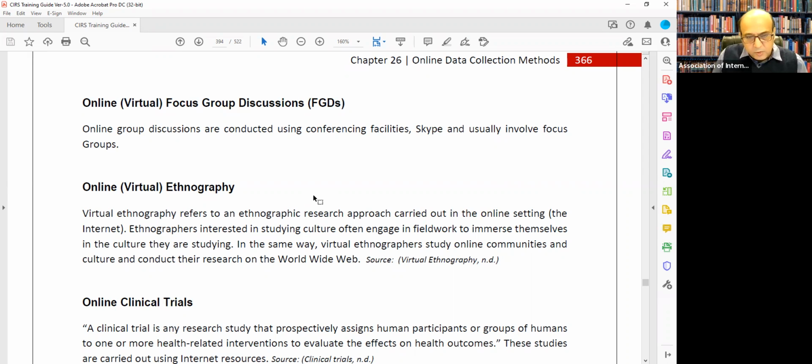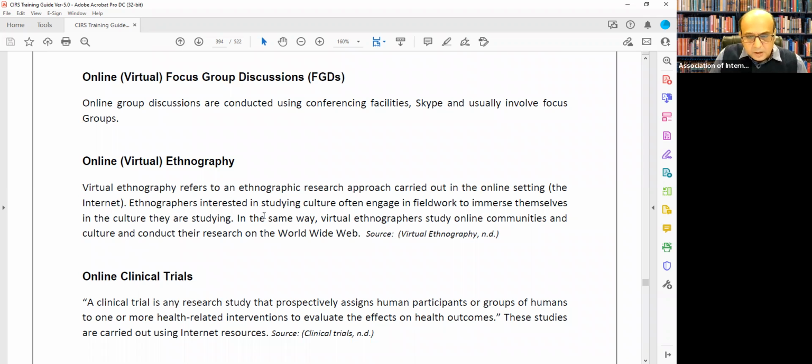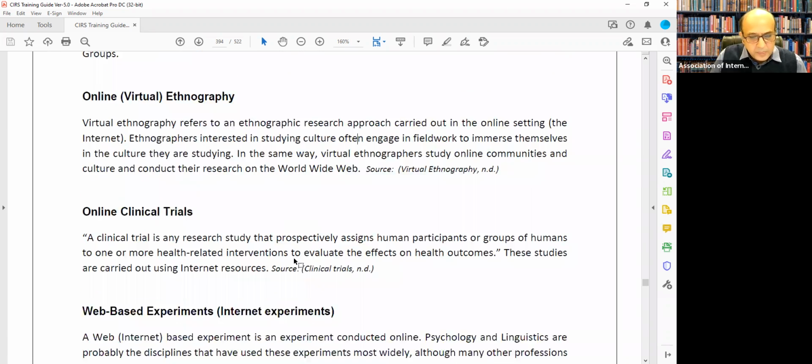You're pretty much doing an ethnographic sort of study, building your observations through ethnography. Those interested in studying culture often engage in field work to immerse themselves in the culture they are studying.